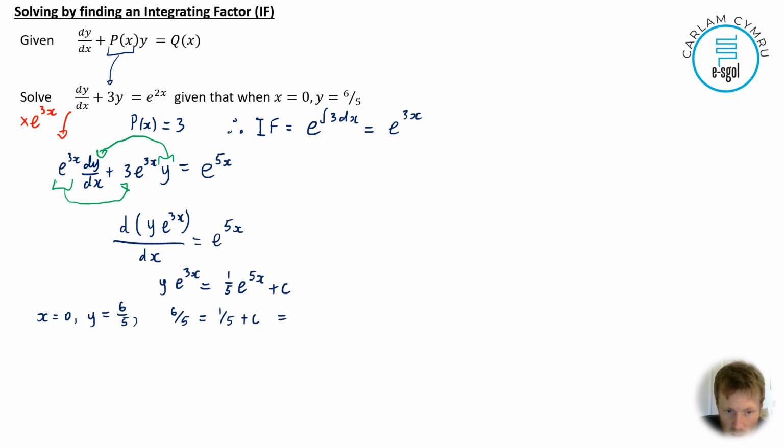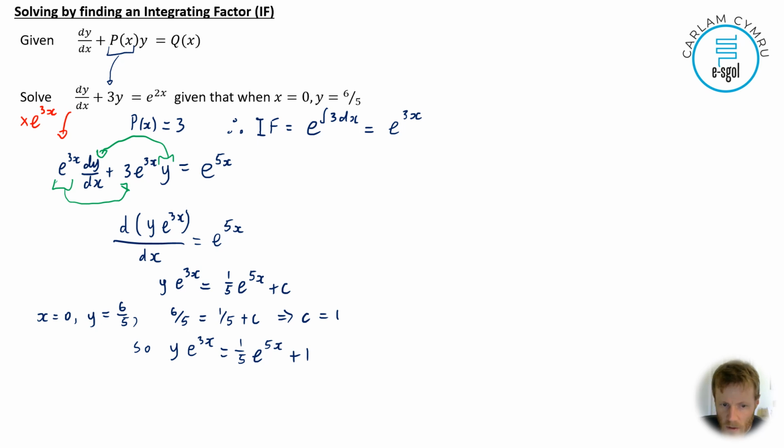That gives us then c equals 1. So our final equation is y e to the power of 3x equals 1/5 e to the power of 5x plus 1.